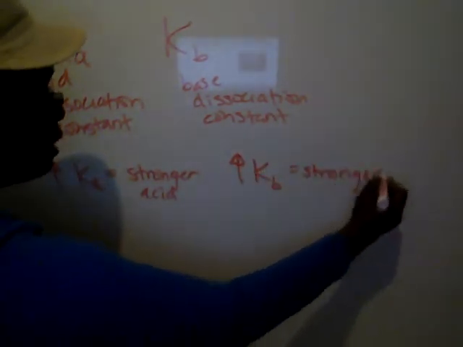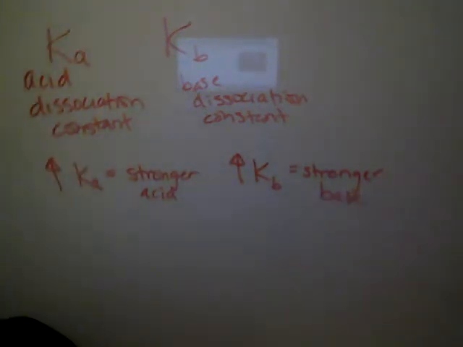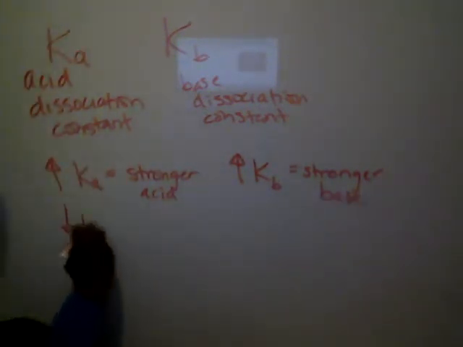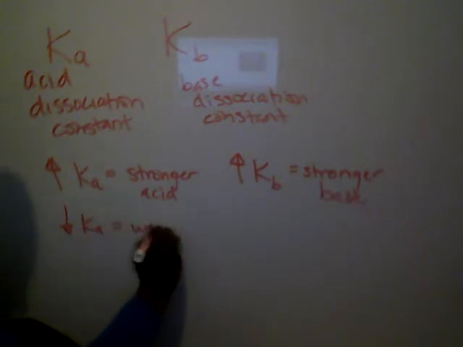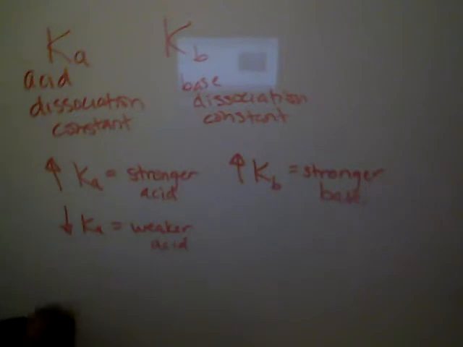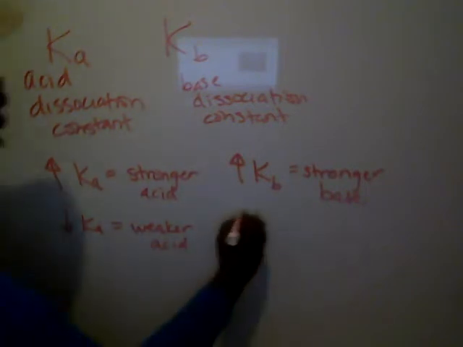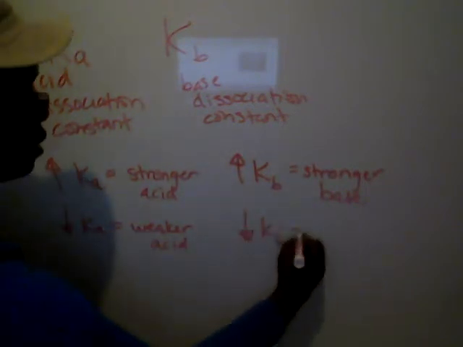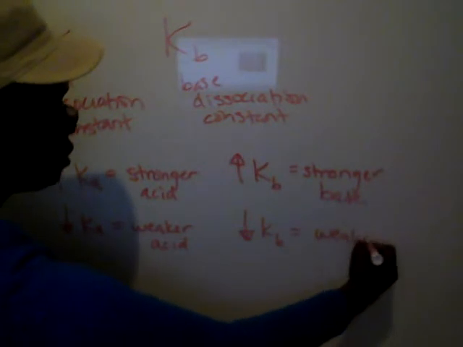The higher the Kb, that means you really want to be broken apart, you really want to be separated, you don't want to be stuck together. The lower the Ka, the weaker the acid. That acid really prefers to be stuck together and doesn't want to dissociate or separate. And the lower the Kb number, the weaker the base.